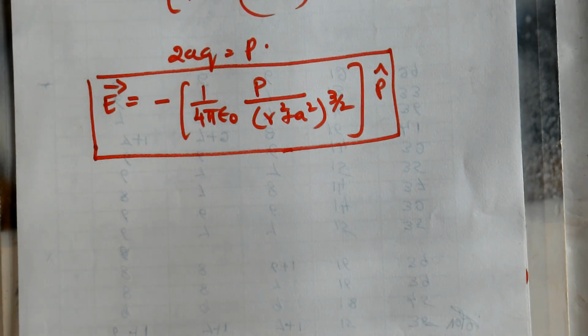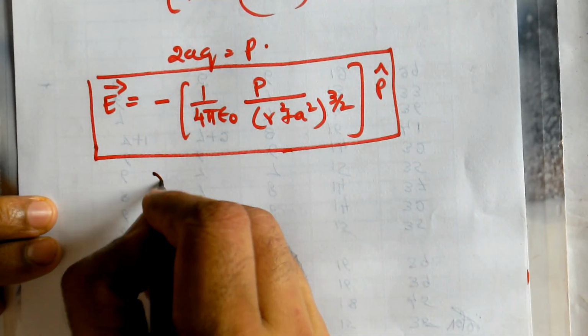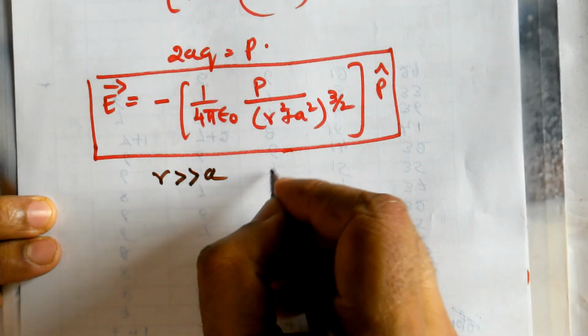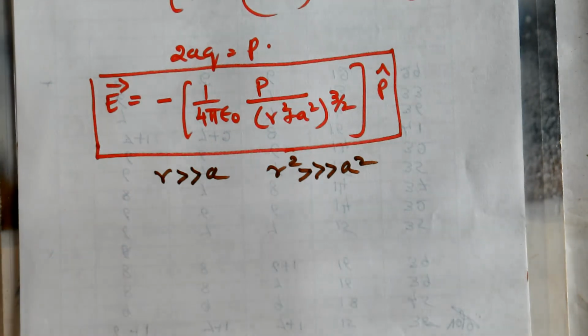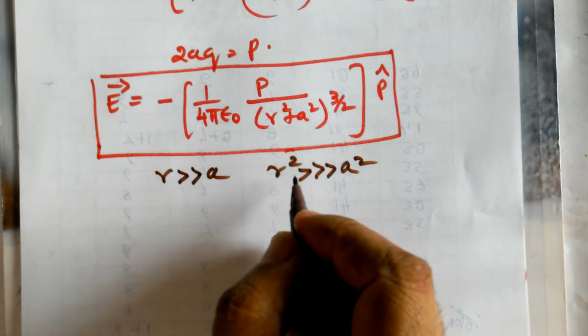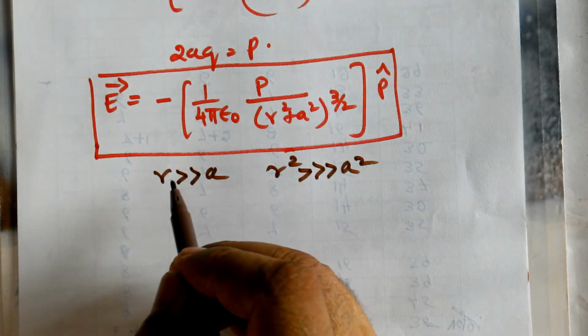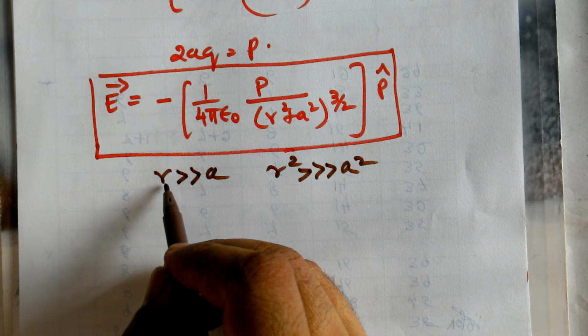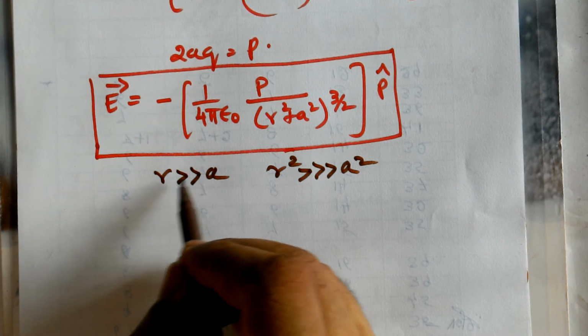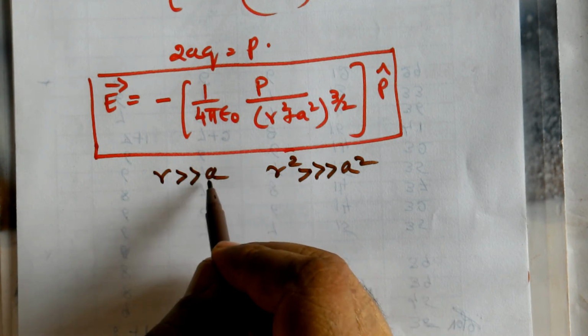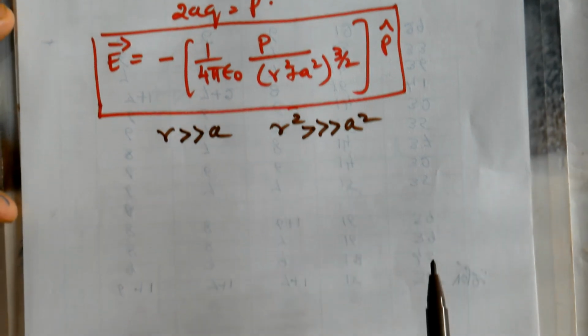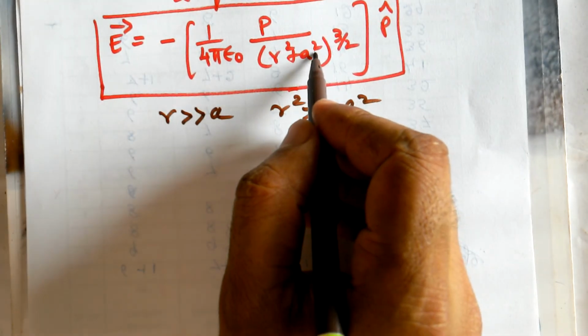So if r is much greater than a, then r square will be much greater than a square. I have given examples in the previous session also. Suppose you take r as say 25 centimeter, a is only 2 centimeter, then r square will be 625, a square will be only 4. So you can neglect that. Even if you add it, there is no much difference.